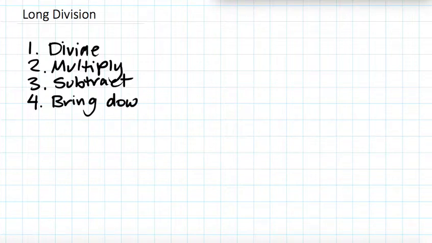So we're going to do a quick example here of a problem that you might have seen in elementary school. This is 357 divided by 2. And so the 2 goes on the outside of the division symbol, 357 goes underneath. And we start by saying 2 goes into 300, or 3, how many times?